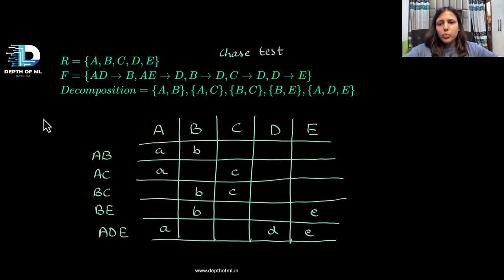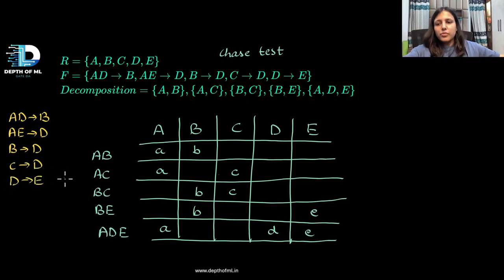Now one by one we want to use the functional dependencies and fill this table, right? So I'll write down the functional dependencies that we have. We have AD determines B, AE determines D, B determines D, C determines D, and D determines E. Fine.